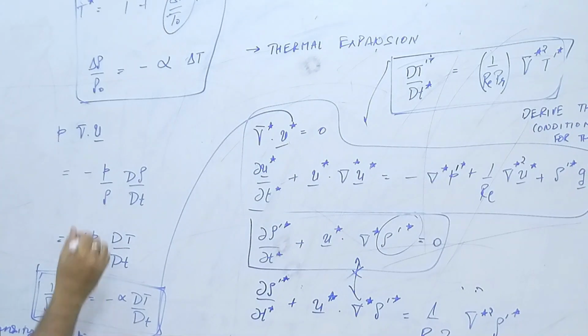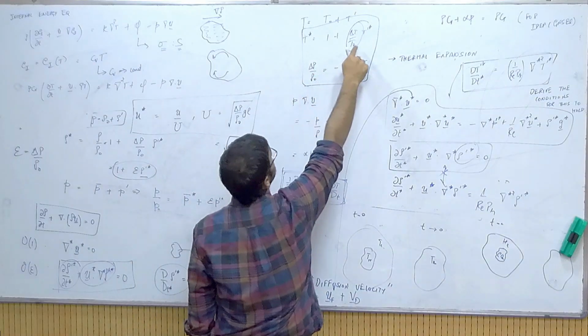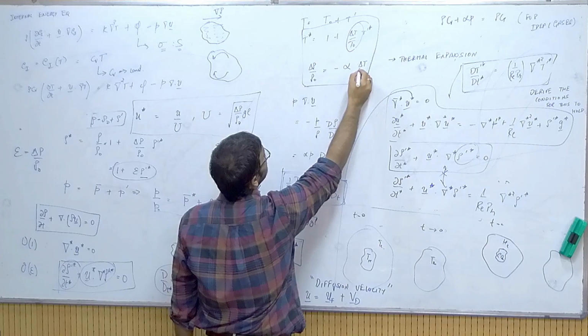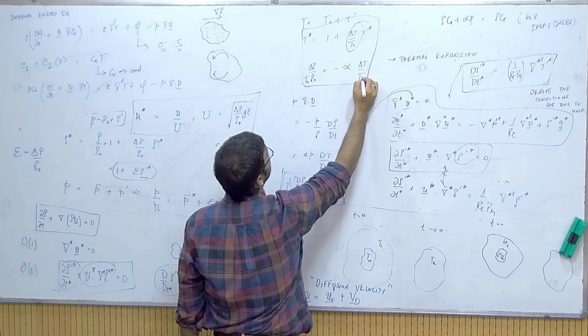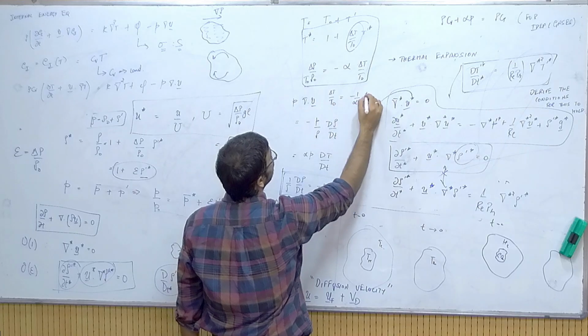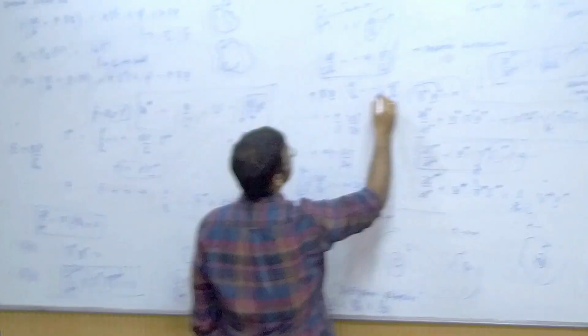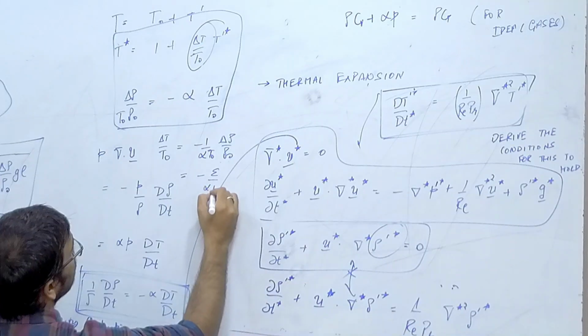How are we replacing it? No, this is by definition, so you can look here. So this is delta T by T naught. So delta T by T naught is simply minus 1 by alpha, delta rho by rho naught, alpha T naught here. So this is minus epsilon by alpha T naught.